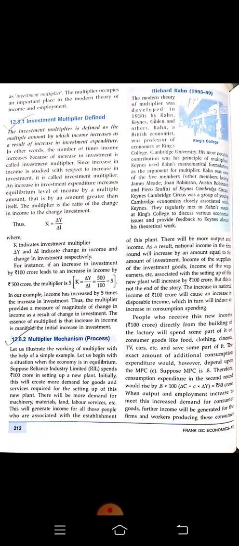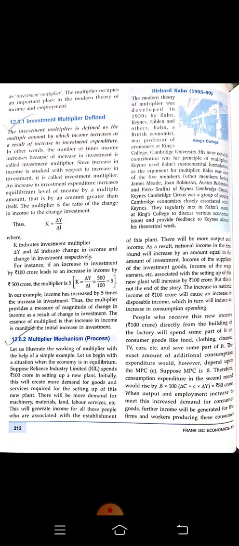As a result, national income in the first round will increase by an amount equal to the amount of investment, and the income of the suppliers of the investment goods, the wage earners, etc., associated with the setting up of this new plant will increase by rupees 100 crore.